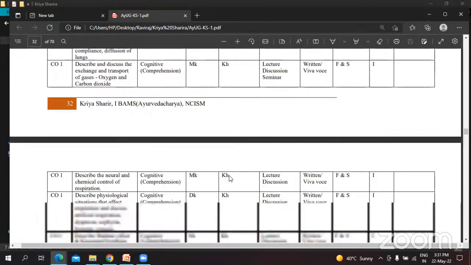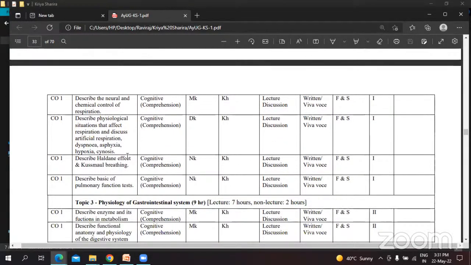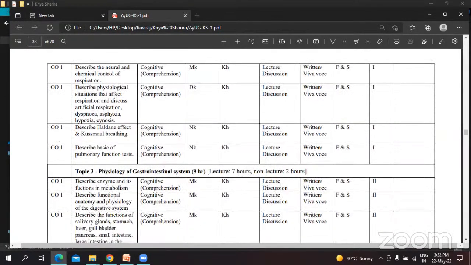I'll show you one more thing here. Yes. Can anybody read this? Somebody else now. Yes, sir. Describe Haldane effect and Kussmaul's breathing, right? So this is an abnormal type of breathing which we see in patients with head injury or, say, ketoacidosis.